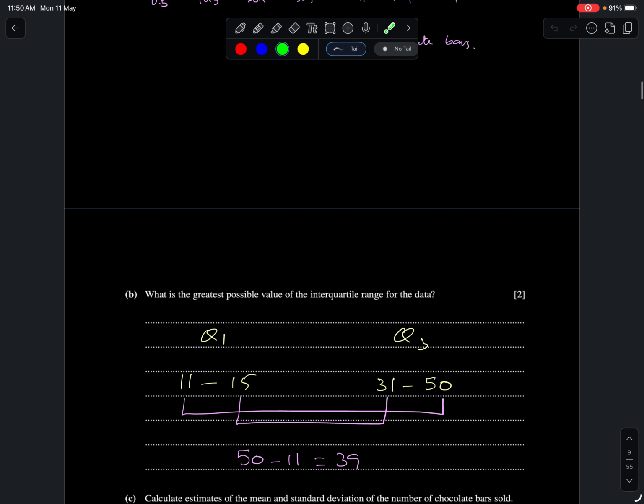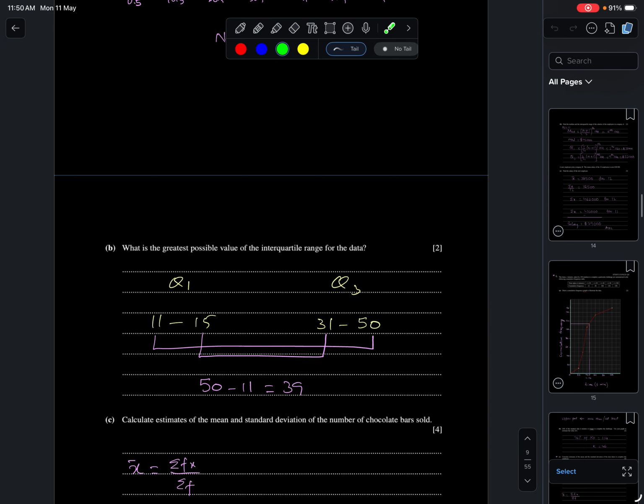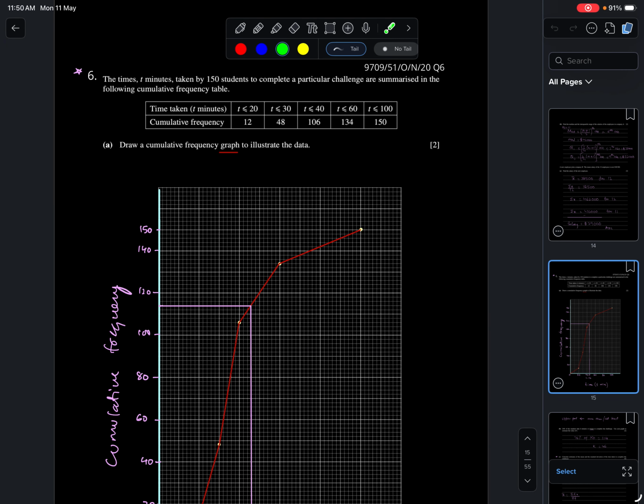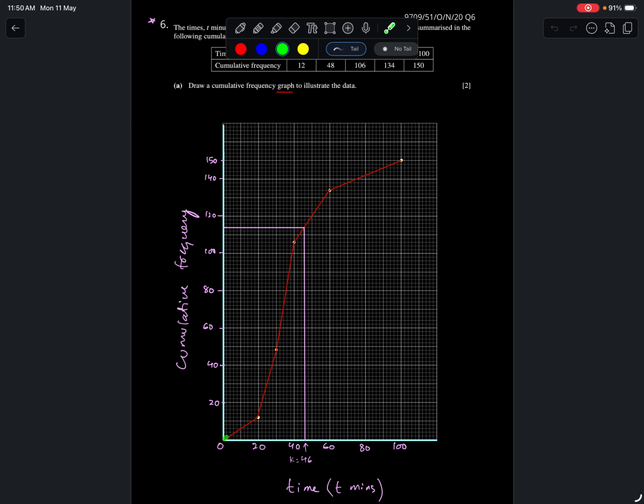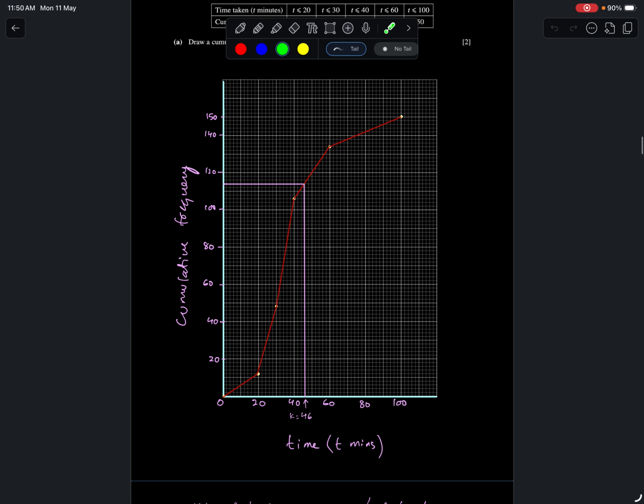In cumulative frequency, always go for a cumulative frequency curve. I drew a polygon, but it's better to draw a curve. Okay? Don't go for a polygon. Draw a curve. I'm drawing a curve because they prefer a curve.